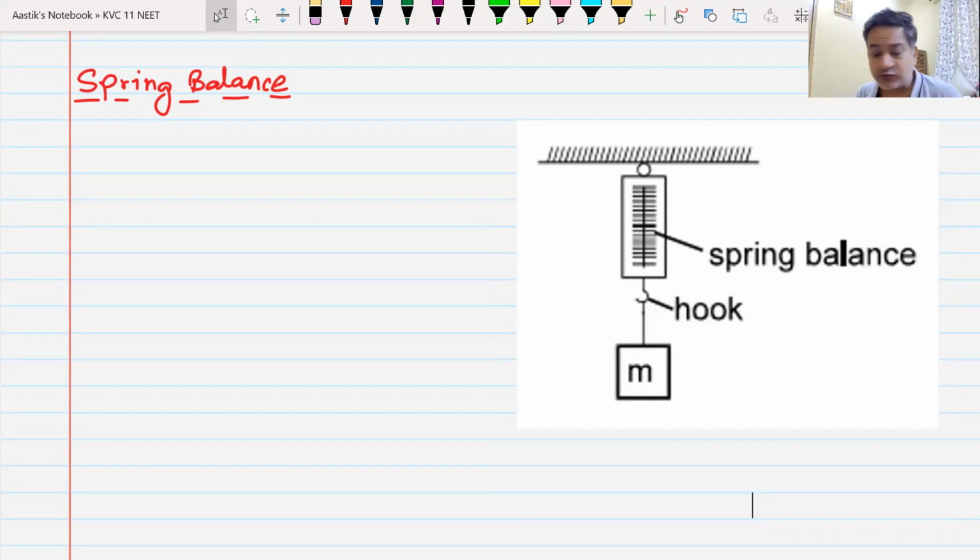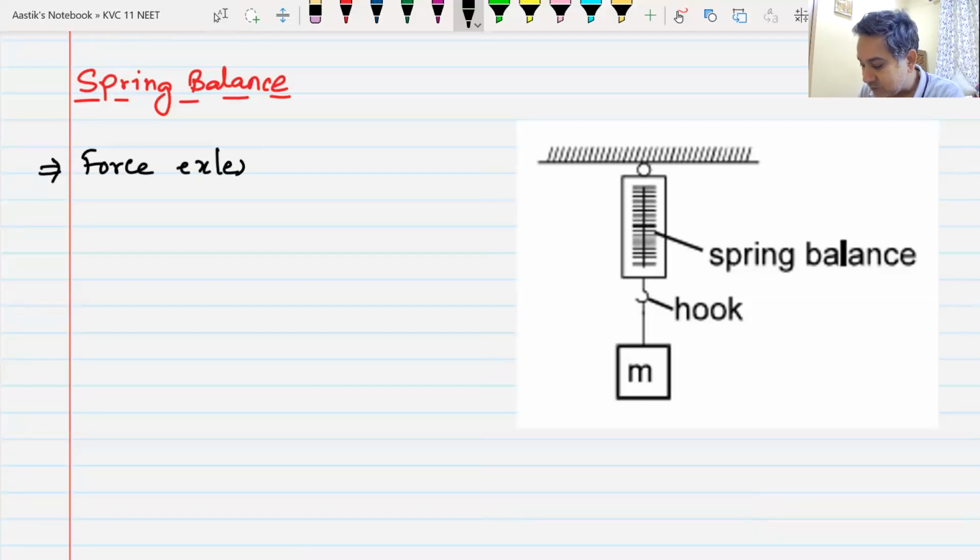What does a spring balance do? Now, we might think that the spring balance tells the weight of the body. It actually does not tell the weight of the body. It measures the force exerted by the weight, by whatever is hanging.